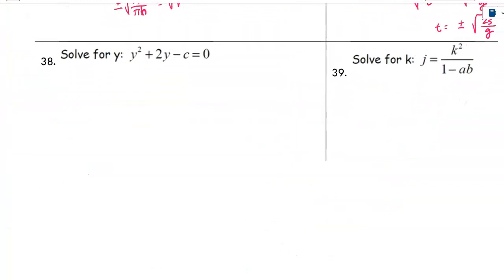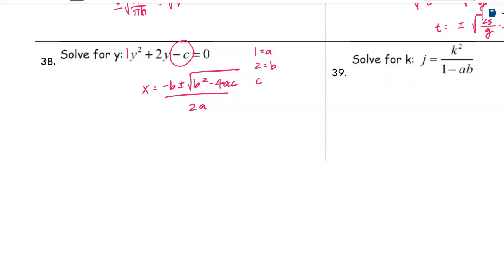Last two. Solve for x. Oh, this is the same one. This time I'm going to use the quadratic formula. x equals negative b plus or minus the square root of b squared minus 4ac all over 2a. So we have a 1 equaling a, we have a 2 that equals b, and this entire thing is going to be c.